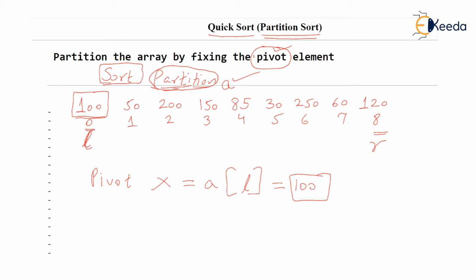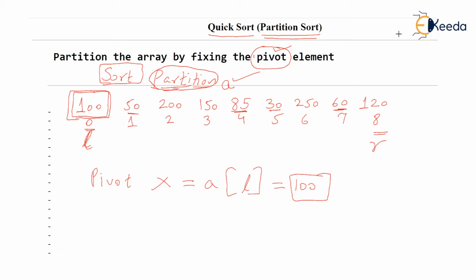Now notice there are some values like 50, then 85, then 30 and 60. These values 50, 85, 30, 60 are indeed less than 100, isn't it? So actually these values should be to the left of 100.